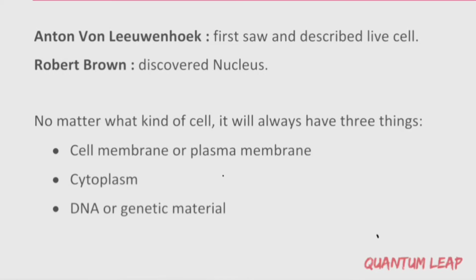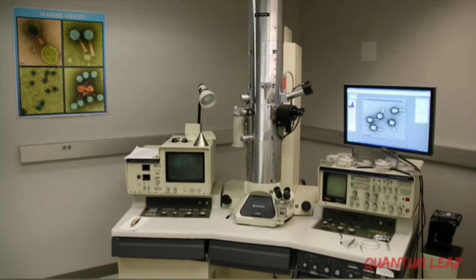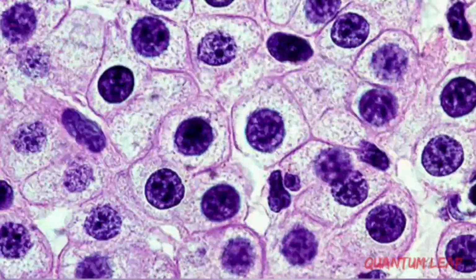All this was possible due to the invention of the microscope, and its improvement, leading to the electron microscope, revealed all the structural details of the cell. You can see here the image of an electron microscope, and also what cells look like under the microscope.